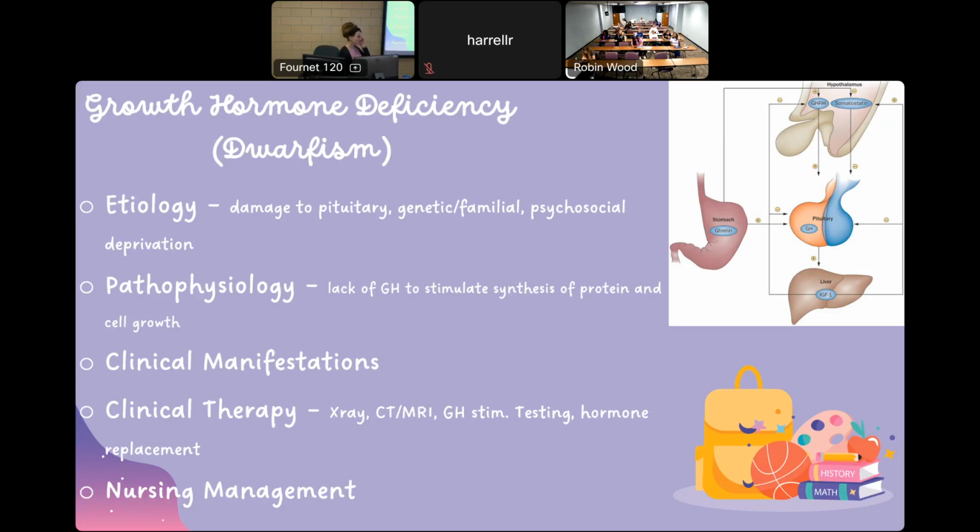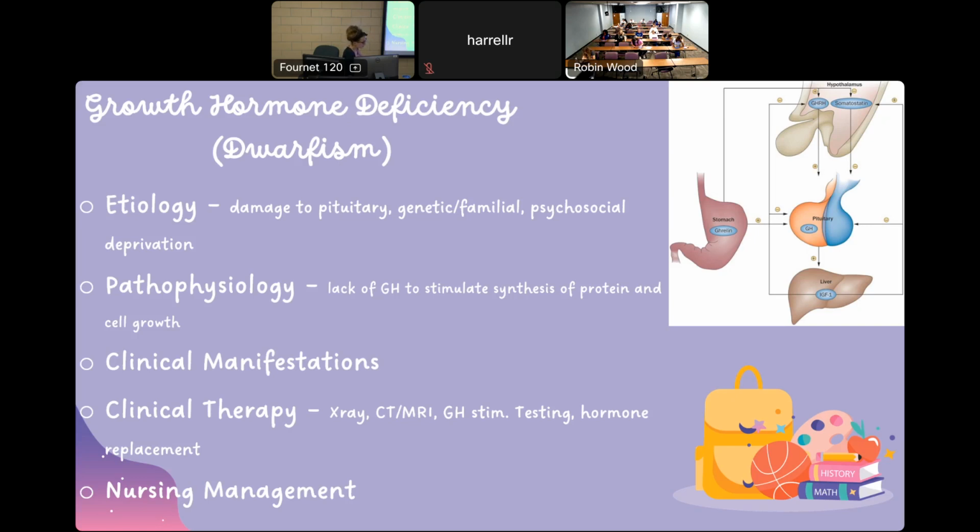So that can be very individualized. But if we're a year old, 12, 13, 14 months old, and we haven't gotten any teeth, we're looking at delayed dentition, and that can be a sign of this as well. And then overall decreased muscle mass, decreased skeletal growth, and we can see cognitive delays as well.